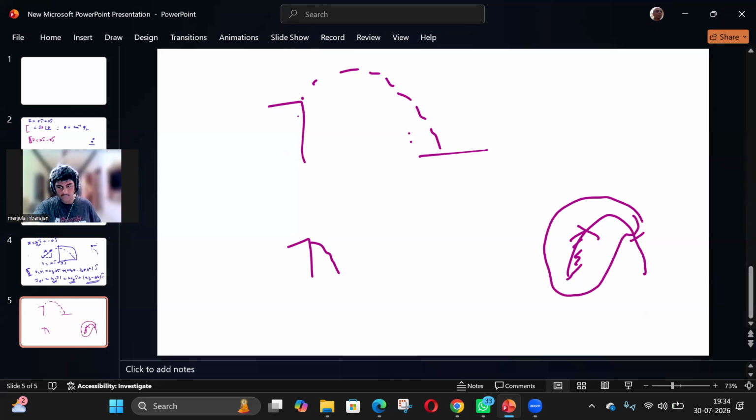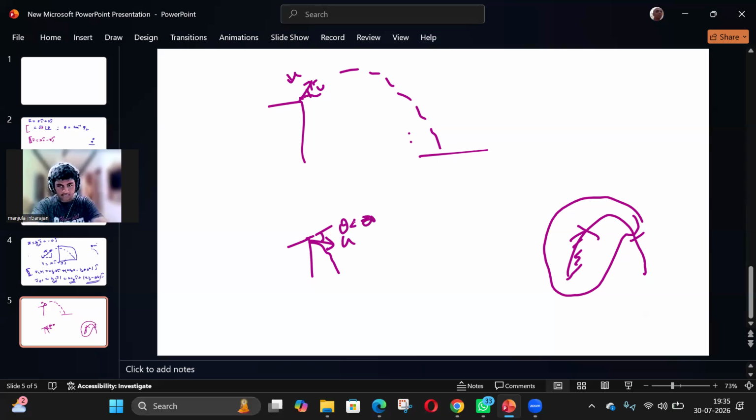From a height, I can also throw looking upwards. This is looking upwards, and this is looking downwards. Here theta is this much. Here theta is negative. Theta is measured from the horizontal, but it will be negative, less than 0.